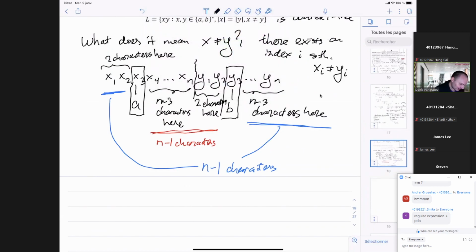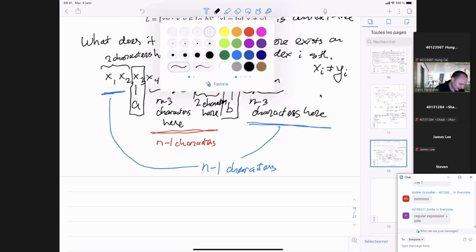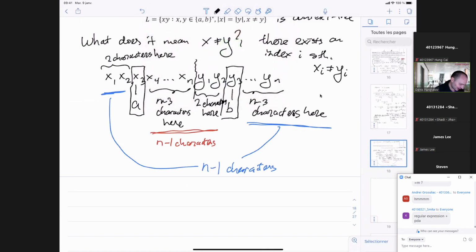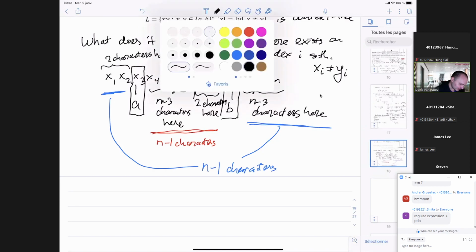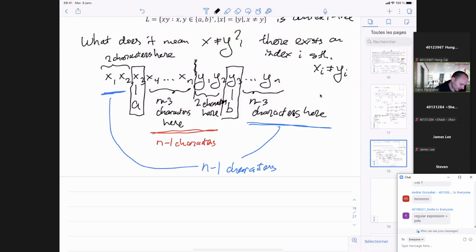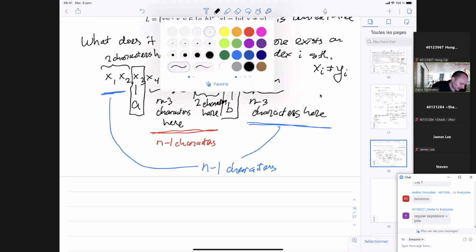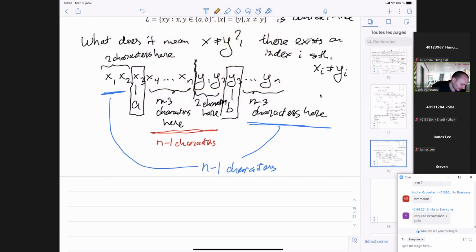So rather than splitting it like this, where we look at this string according to the middle, instead, let's look at this string as follows. We have two characters here. Then we have a character x3, which is going to be different from y3.